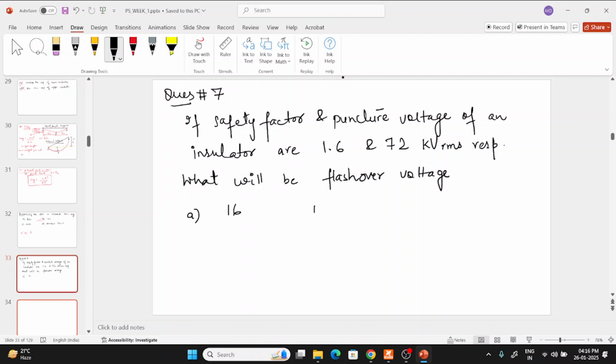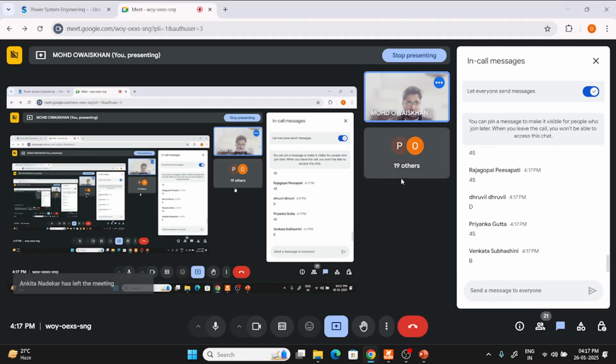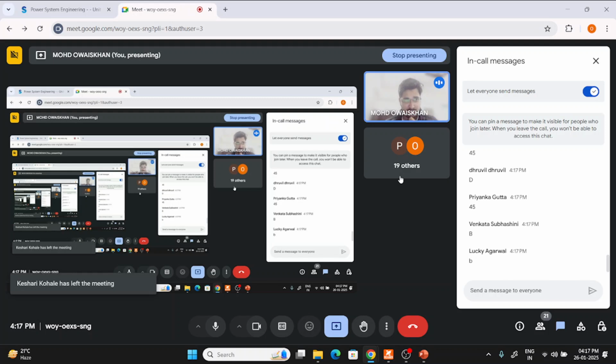A 60, B 45, C 28, D 72. So give me the correct answer.